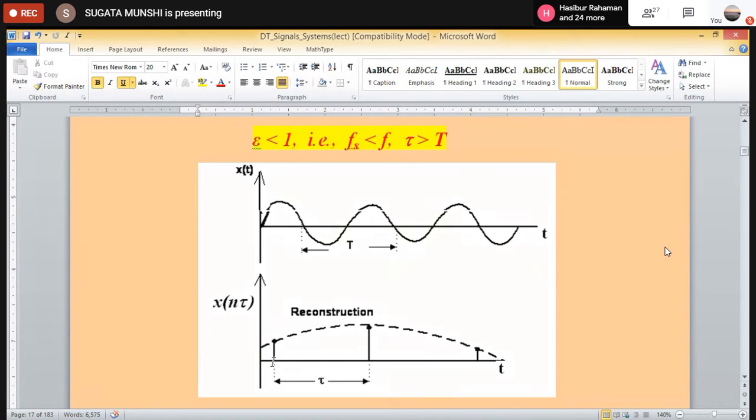Many times you may have an analog sinusoid whose frequency will be unknown to you, and you sample it at a rate that is less than the frequency of the analog sinusoid, and this thing will happen. That's why we want to study it. If you are not cautious enough, this may happen.